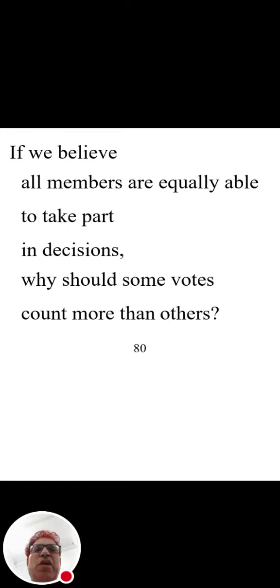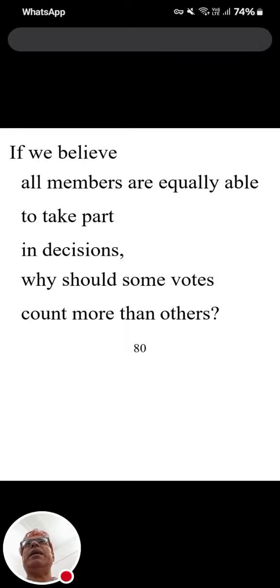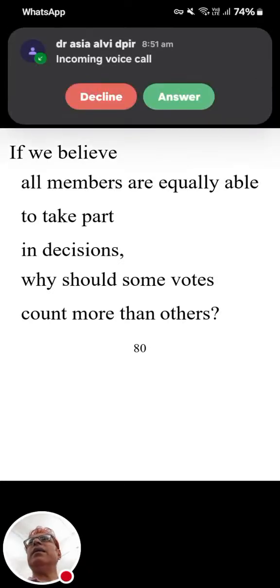If we believe all members are equally able to take part in decisions, why should some votes count more than others?